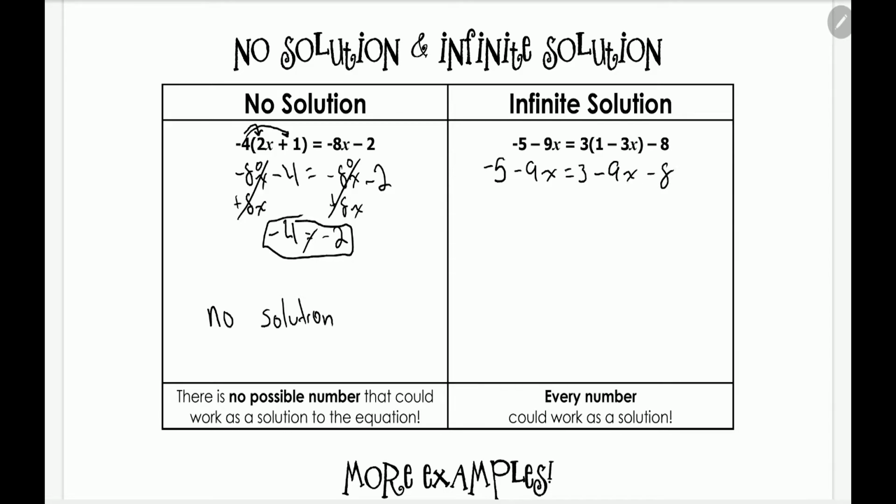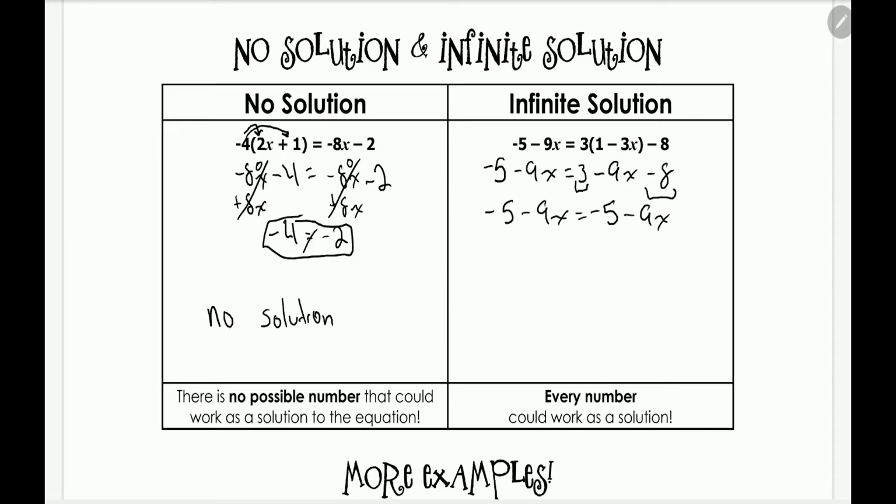Now we have to combine like terms. So there's nothing to combine on the left side, so we're going to leave it as negative 5 minus 9x is equal to. We're going to combine like terms on the right side, so we have that 3 and negative 8. So 3 minus 8 is going to be negative 5. And then we have minus 9x.